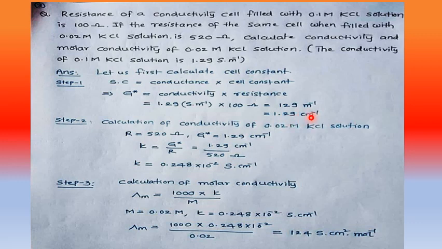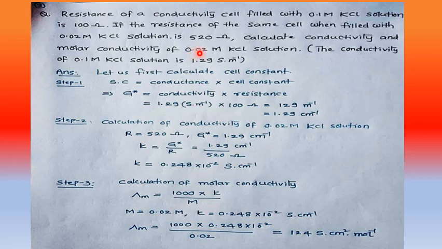Now we already got the cell constant for the cell. Second case, calculation of conductivity of 0.02 M KCl solution. Students, again pay attention here.